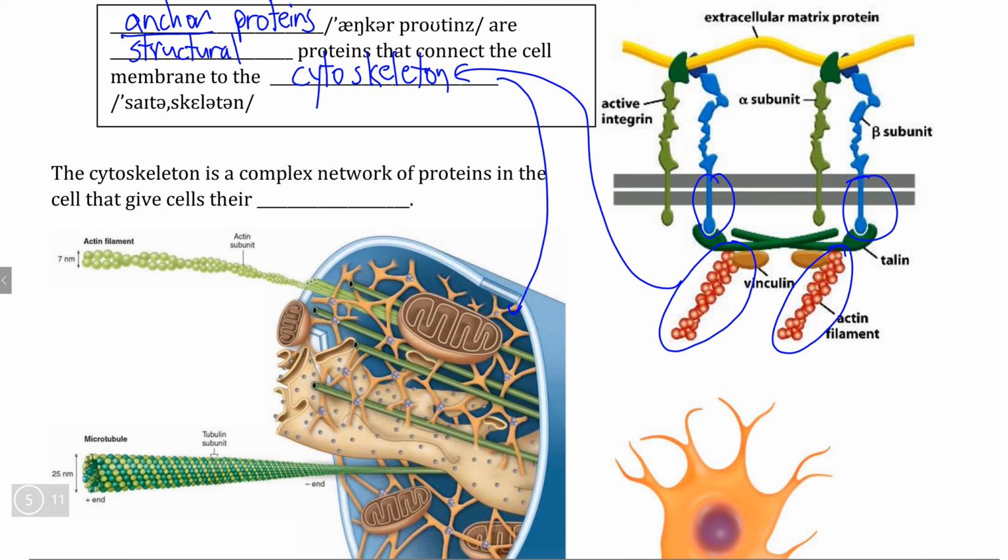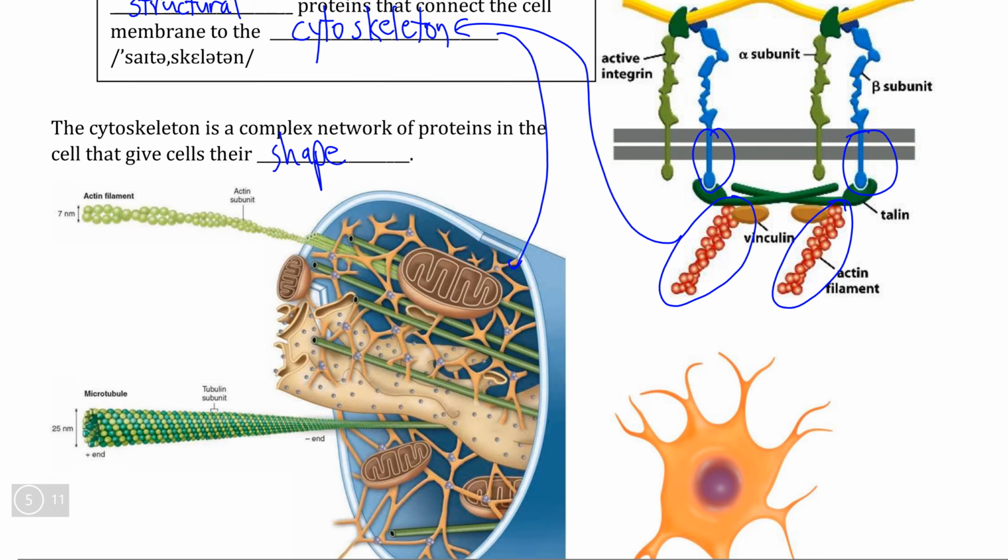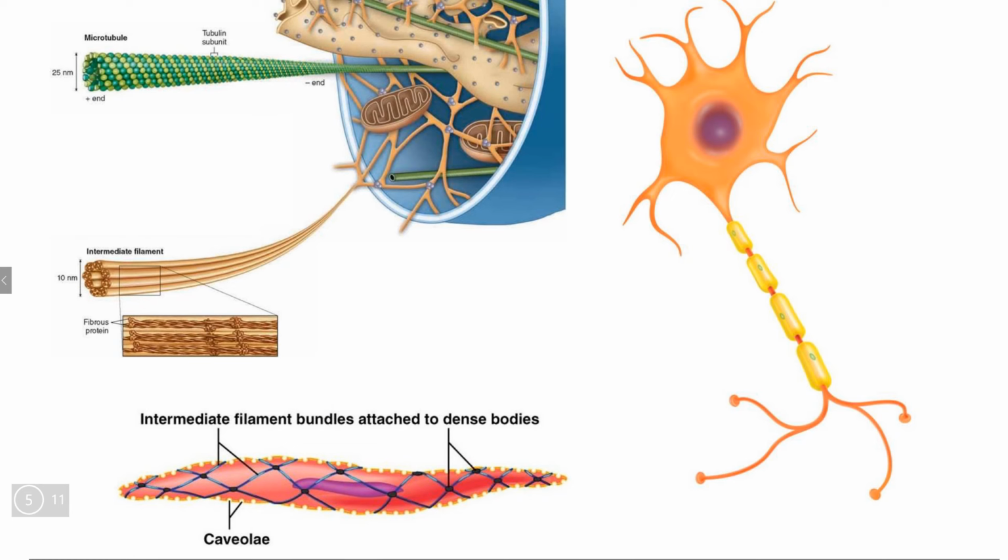So part of the function of anchor proteins is to connect to the cytoskeleton in such a way where the cytoskeleton holds the membrane in a very specific shape. And this is what allows different shapes of cells, for example, this nerve cell here, to adopt a completely different structure than another cell with a different function, such as a muscle cell like this.